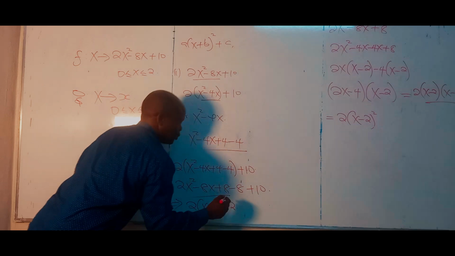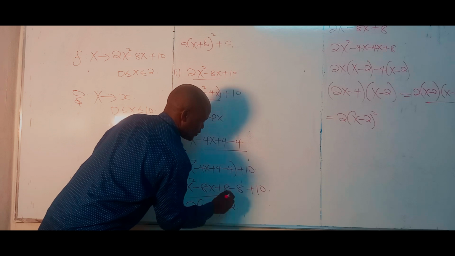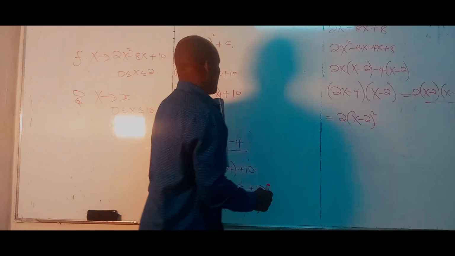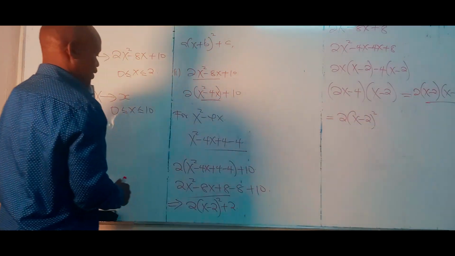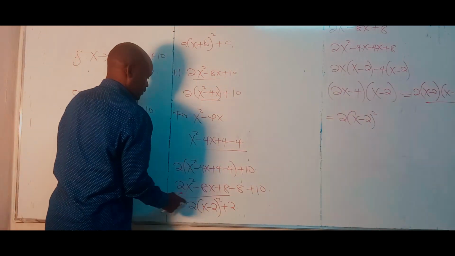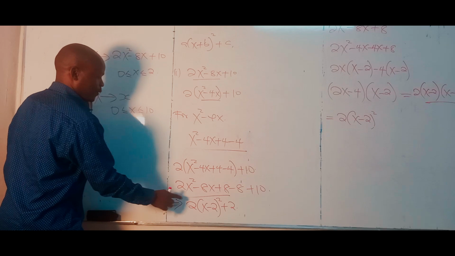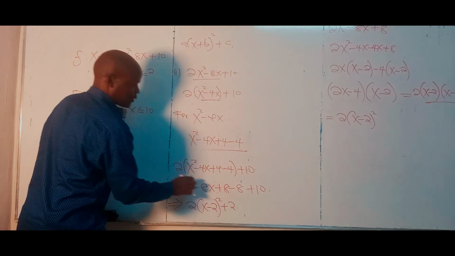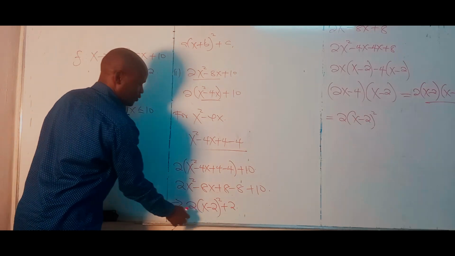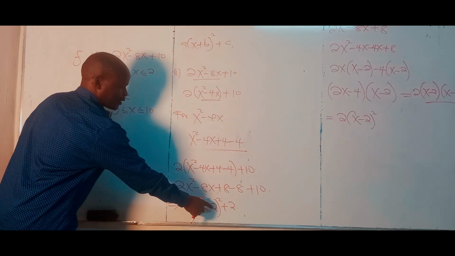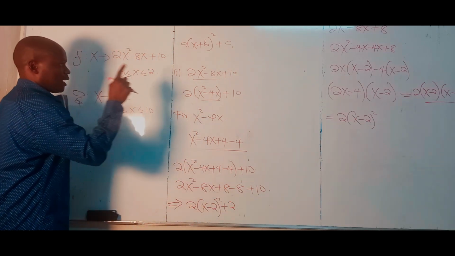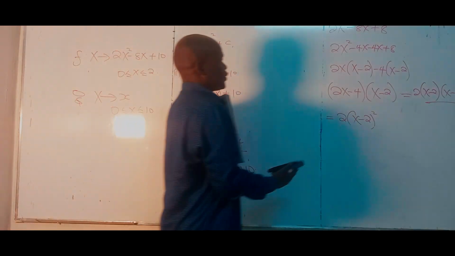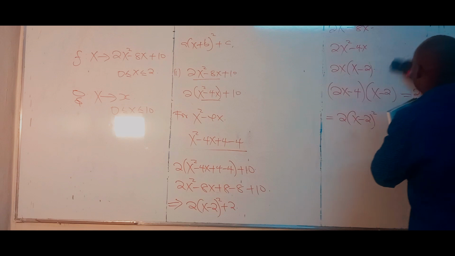plus 2. Because now this was the whole of this, but this is minus 8 plus 10, so that gives me plus 2. Now we have 2 into x minus 2 squared plus 2. I've already expressed it in the form that is required. So let me see. I hope you followed.